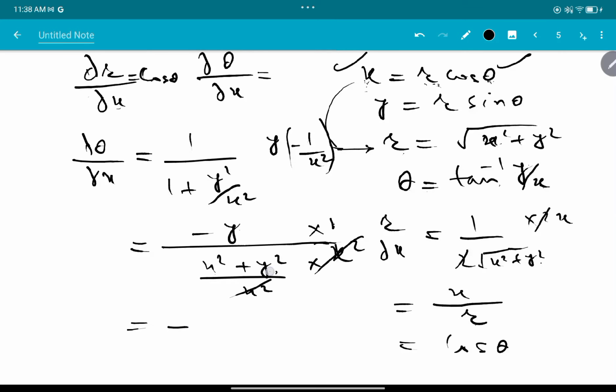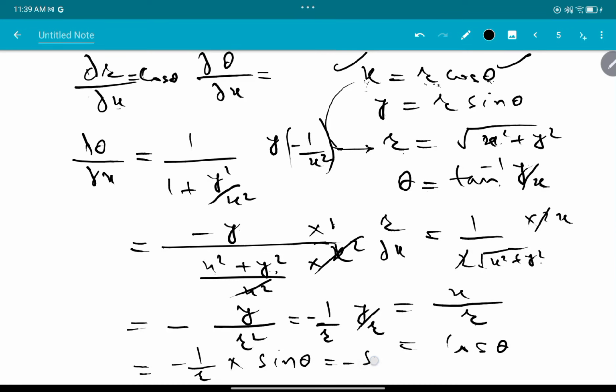The x square plus y square is r square, so minus 1 by r into y by r, but y by r is sine theta. So ultimately I have minus sine theta by r. This is the value for del theta by del x.